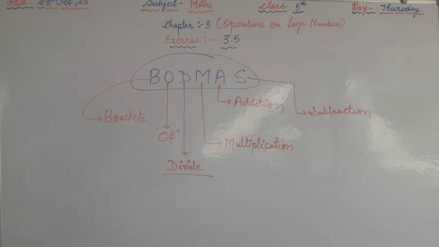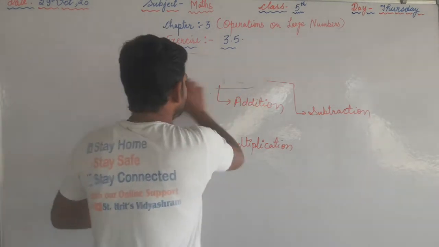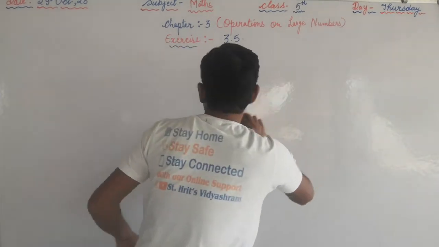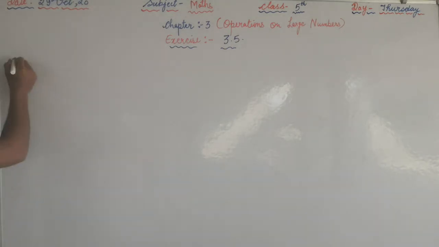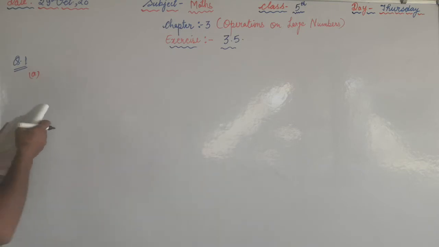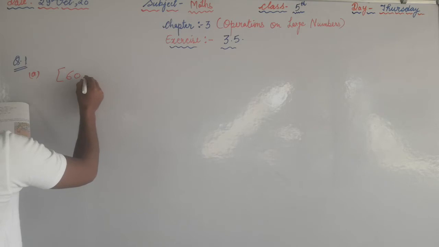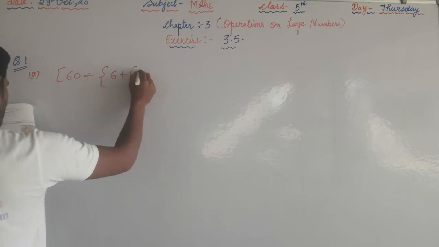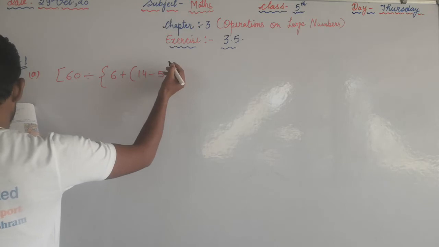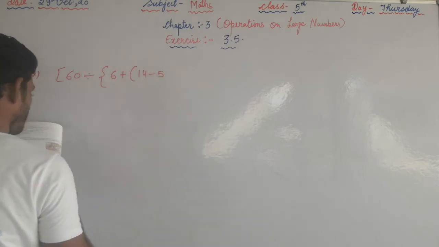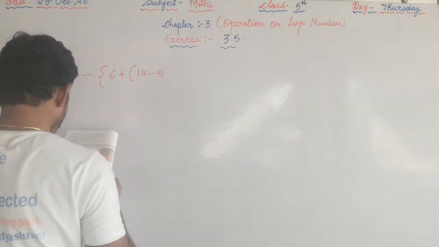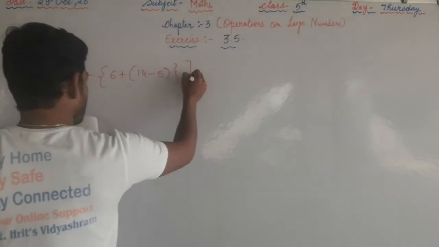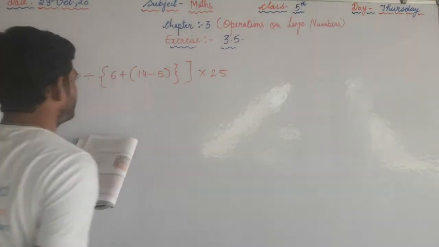Exercise 3.5, question number 1, part A. That is square bracket, 60 divided by, open bracket, 6 plus, open bracket, 14 minus 5, multiplied by 25.